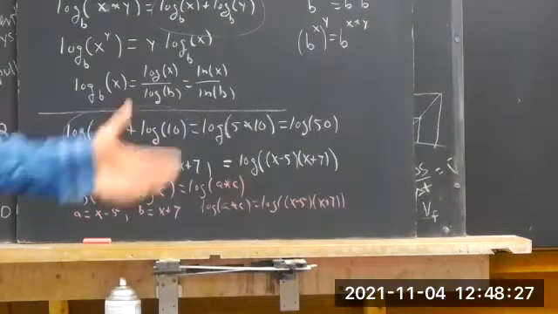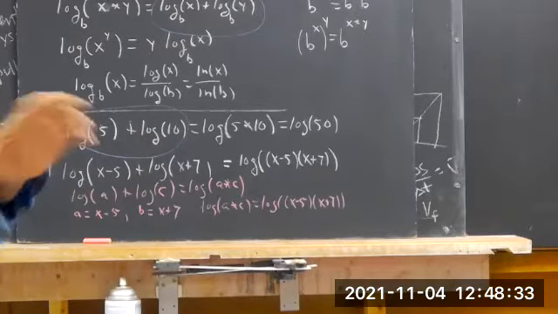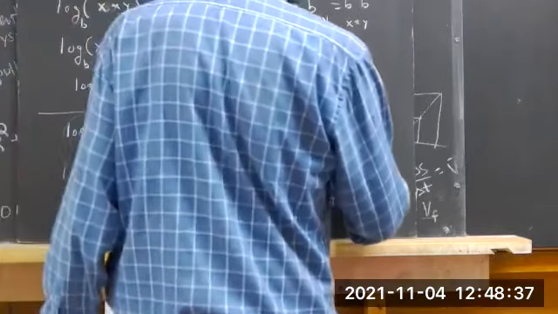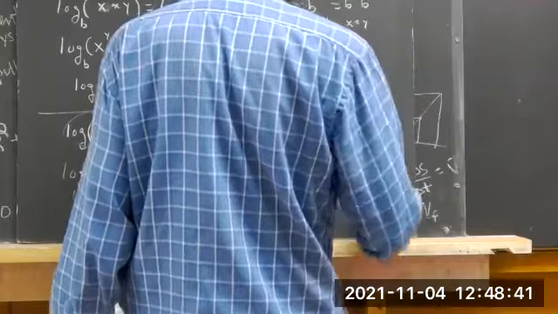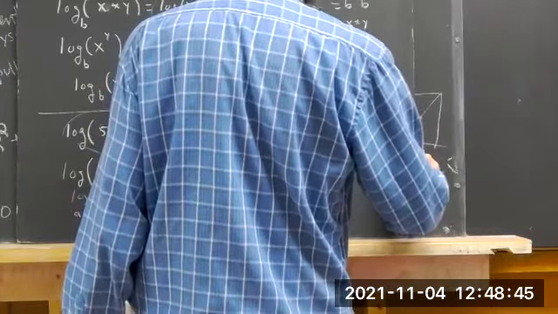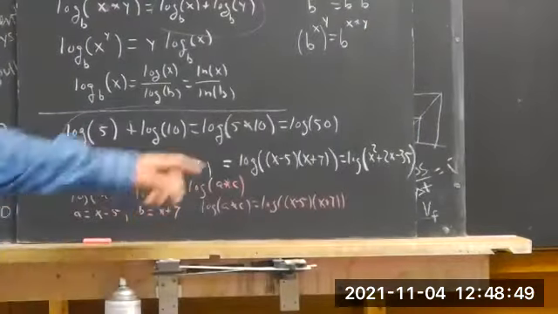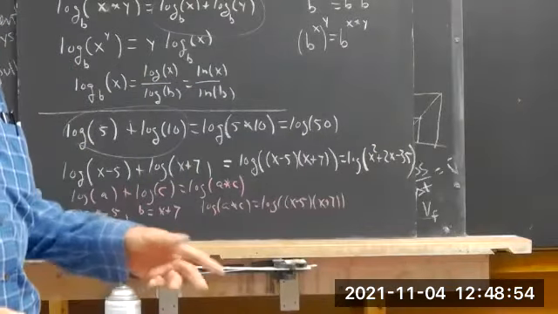Now, you can then expand that, and in general, you would maybe want to keep it factored, maybe expand it, but you should have the ability to do it either way. That's going to be, when you expand it, x squared plus 2x minus 35. You agree?